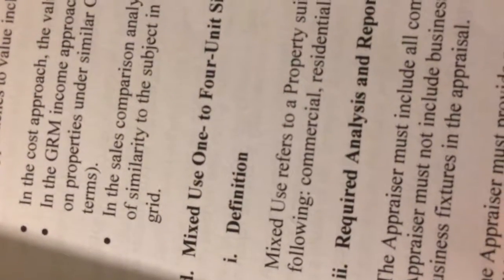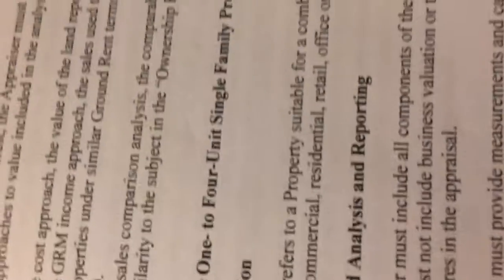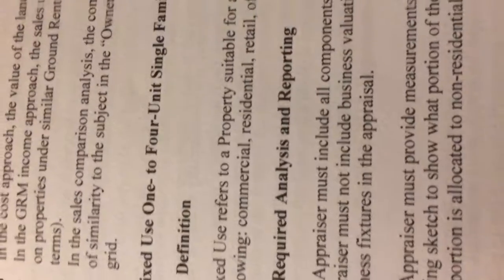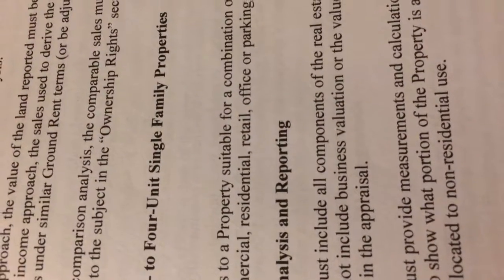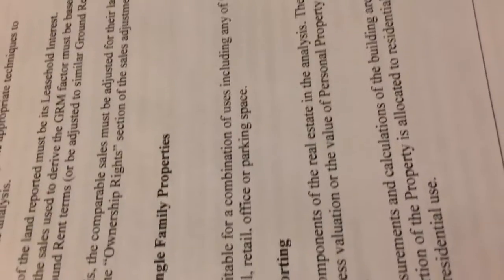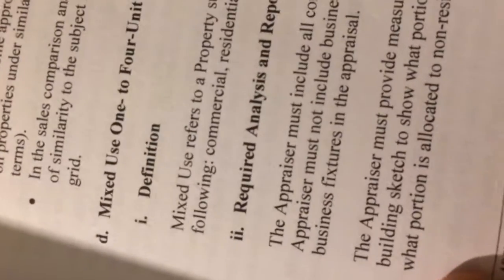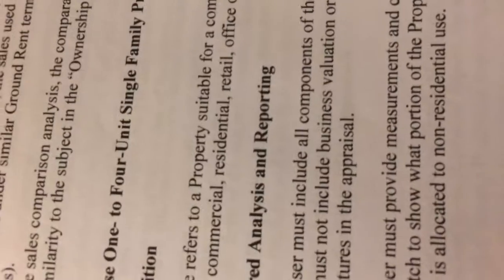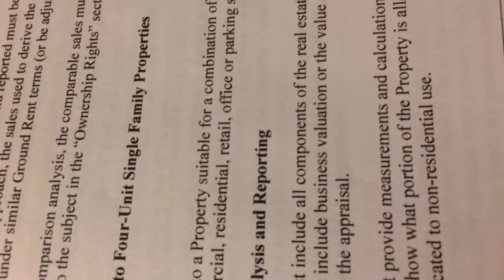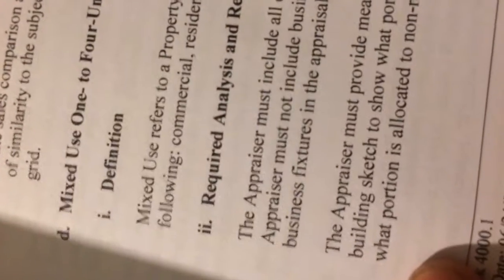D. Mixed use 1 to 4 unit single family properties. Definition. Mixed use refers to a property suitable for a combination of uses, including any of the following: commercial, residential, retail, office, or parking space. Required analysis and reporting.